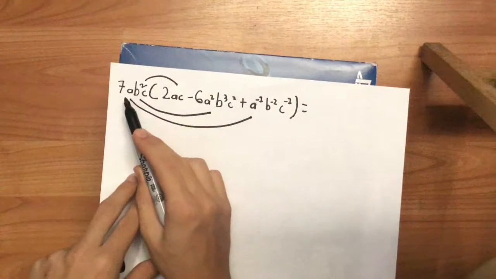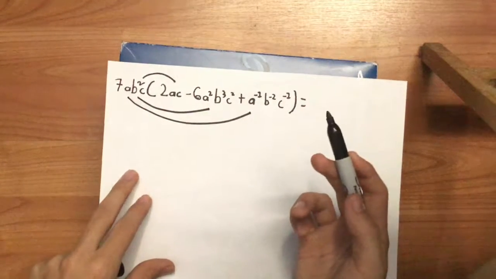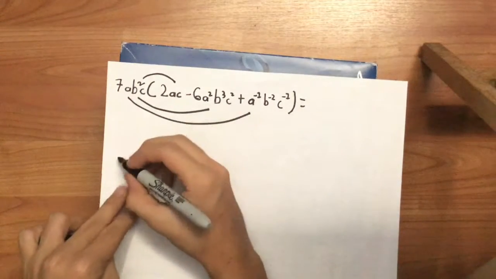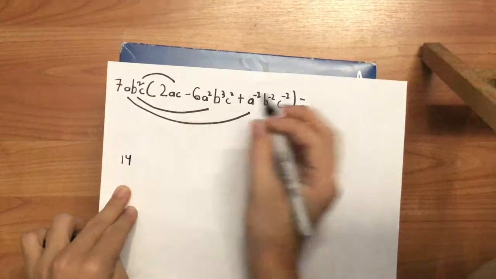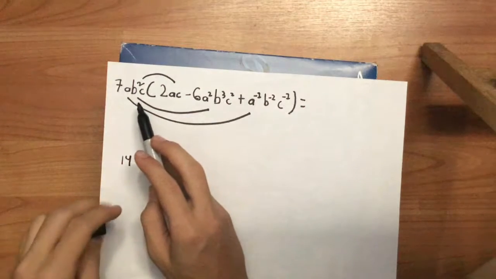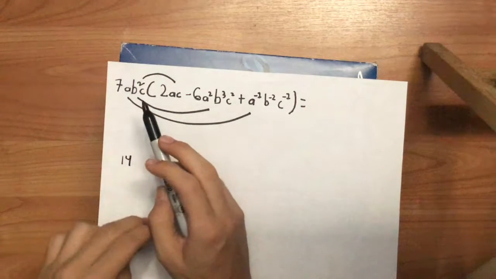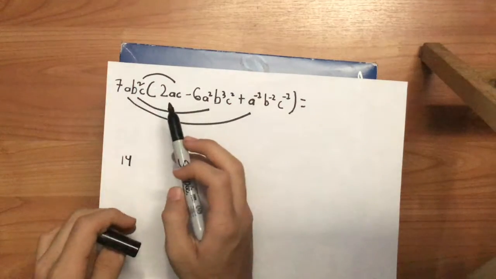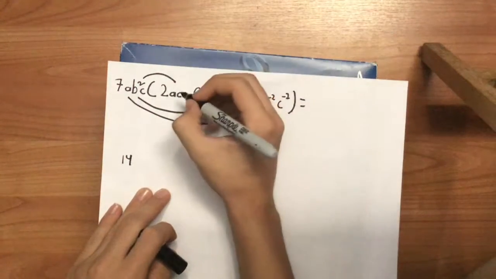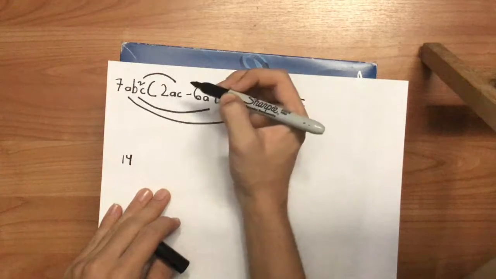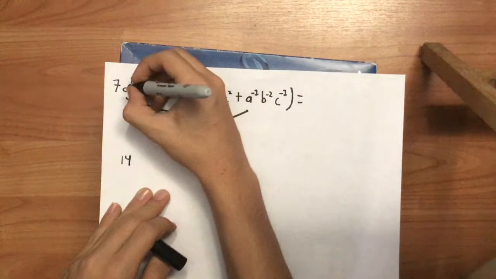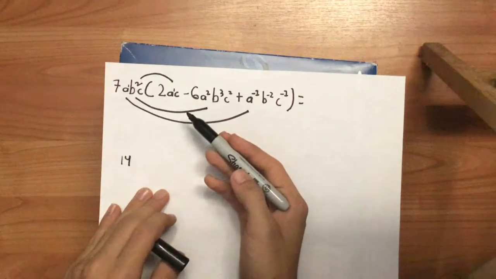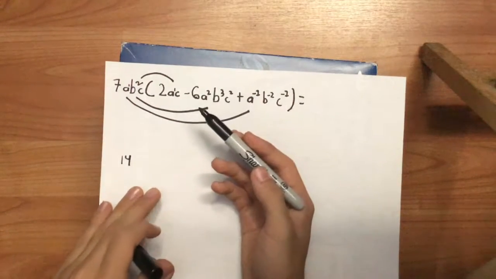If we just multiply the coefficients, it will be 7 times 2, which gives us 14. But then we have the variables, and if you remember, they have a rule that says that when they're multiplying, their exponents add. So if you have a times a, we can see here that there's an imaginary 1 that says it is raised to the power of 1.